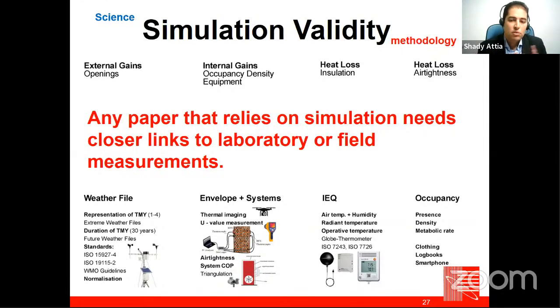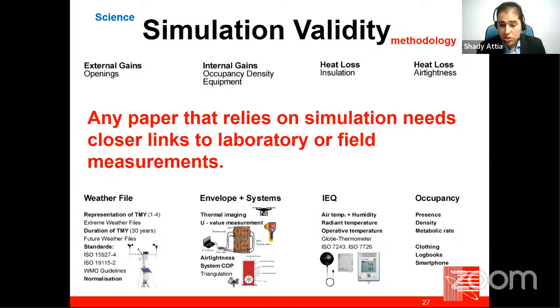And here, if you are doing something with weather, you can check normalization, you can check different weather files, envelope, you can measure the U value, you can maybe get information about air tightness, try to triangulate the information from different references.